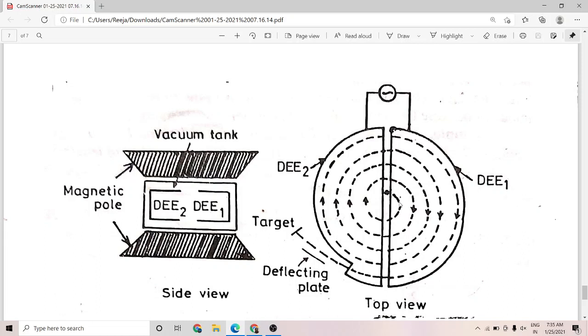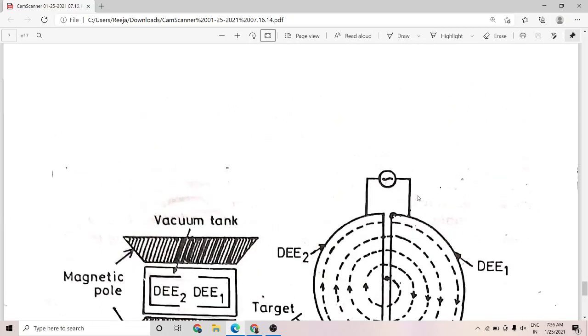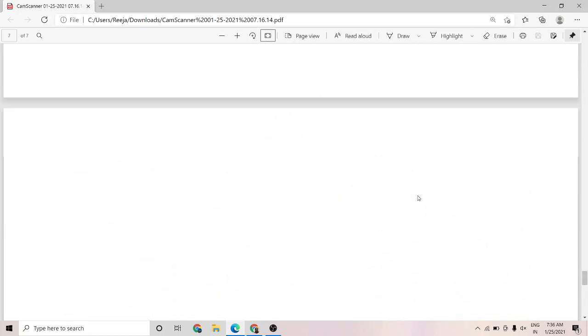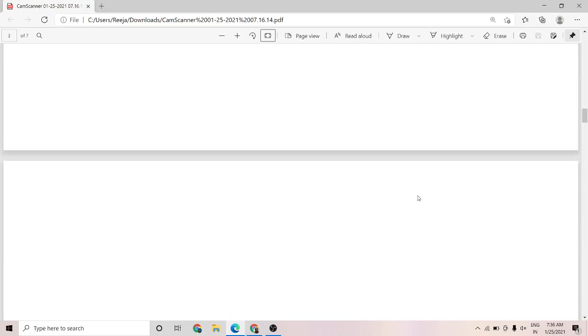Now the angular velocity of the ion: when it follows the circular path of radius r = mv/eB, it will have an angular velocity given by omega = v/r, that is linear velocity by radius.